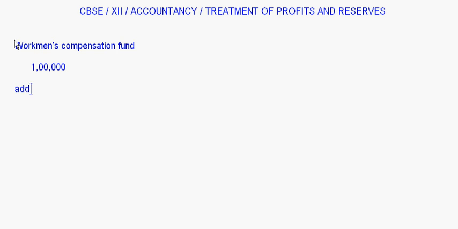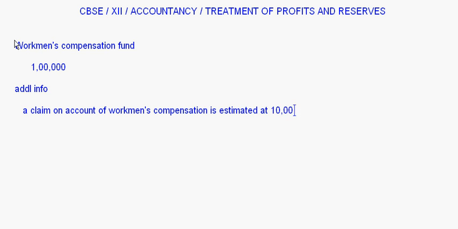Now there is an additional information that is given. It says a claim on account of Workmen's compensation is estimated at 1,10,000, that is 10,000 more.